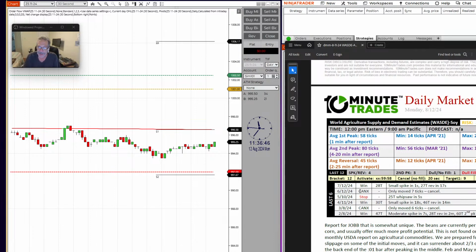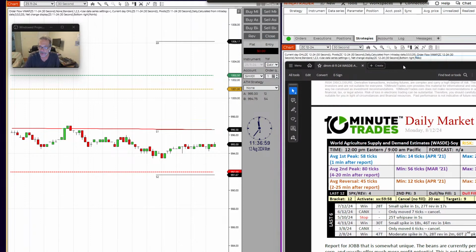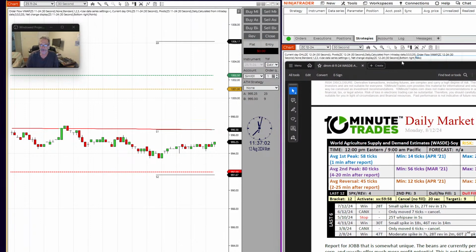But one of the tricky aspects of WASDE that you have to realize is it's not an event that shows up on the calendars. So normally we depend upon the movement of the market to let us know that we've been filled. I would say, as a general rule in WASDE, the 20-second cancel is a little too tight. I lean these days more toward a 60-second cancel.